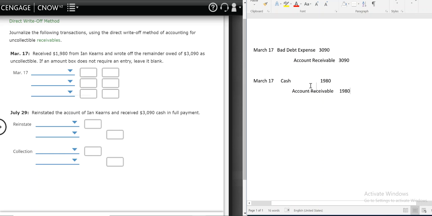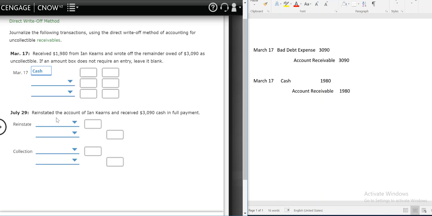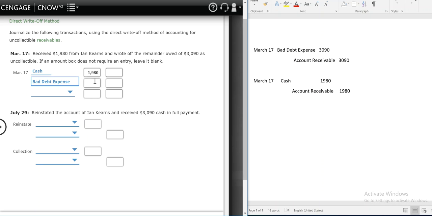I'm going to do pretty much the same thing. Bad debt expense and cash need to get a debit. So I'm going to start with cash, and debit cash 1,980. Then I'm going to debit bad debt expense for the amount that we're not collecting, the amount that Ian is not paying.